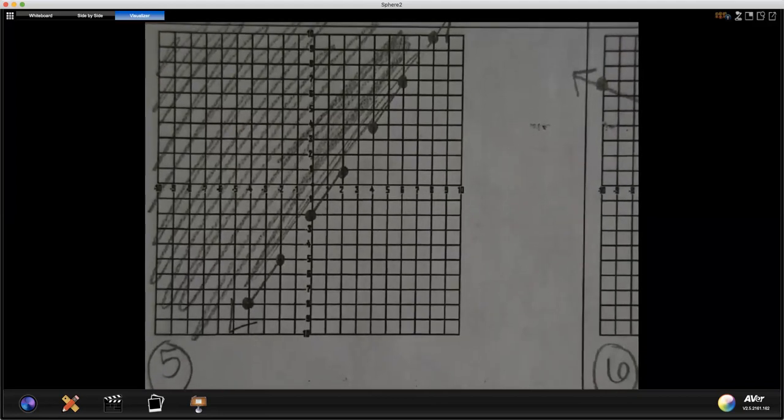To make it easier, I'm going to tell you 2 points and then you can figure out the rest from there. One of the points is 2, 1. So plot that point. And another point is 4, 4. Following that pattern, keep putting in more dots and represent this graph, and then figure out what inequality represents that information.